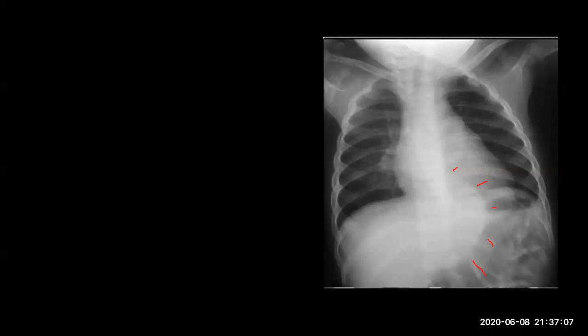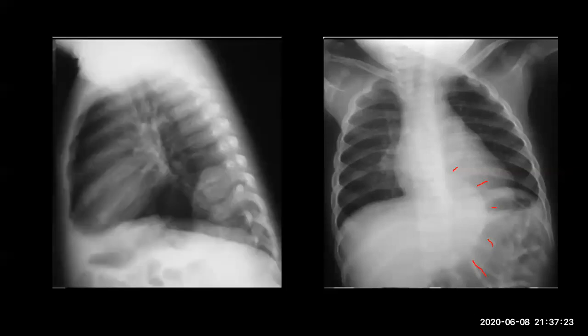You see the mass above and below the diaphragm, and it is not obliterated here. You see the mass through the diaphragm. So the mass is located posteriorly, okay? And this is the lateral view of the child, and the mass is posteriorly located, okay?